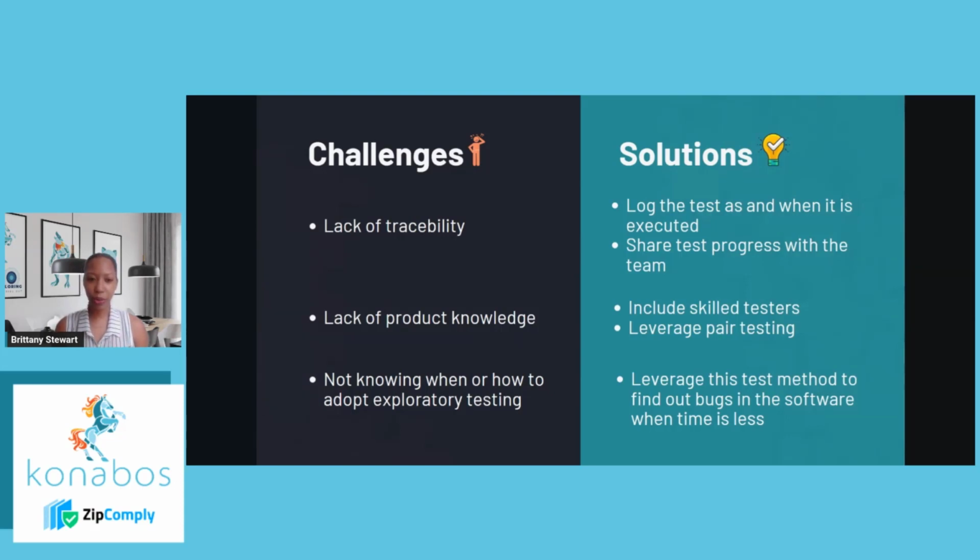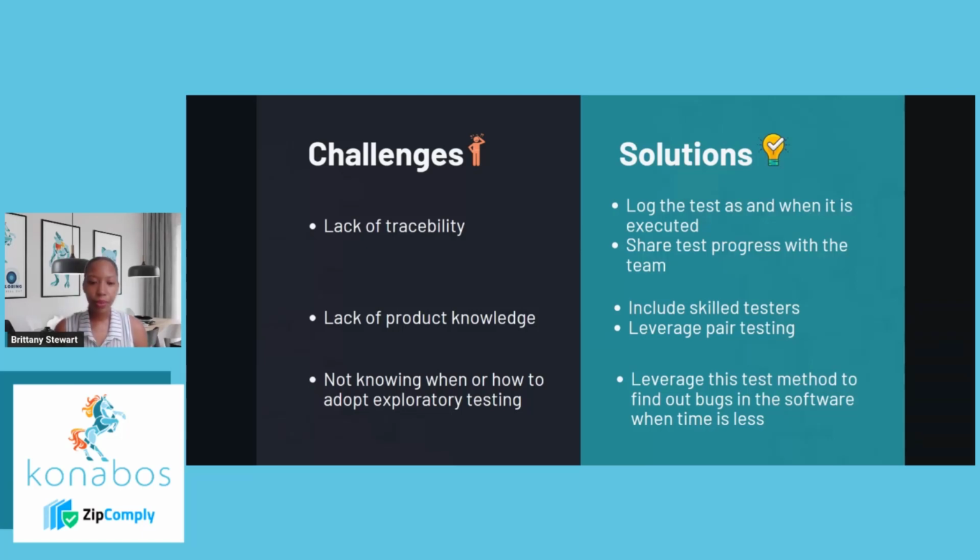Exploratory testing doesn't require much planning, because there's no predefined test plan, strategy or test scripts. But to overcome this challenge, what I've found helpful is to log the test as and when it's executed, and share my progress with the team. I'm going to talk about this a little more further down. You'll see the process, but that is the solution to traceability.